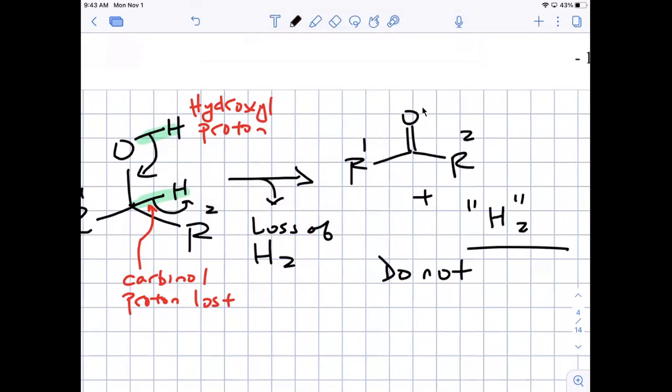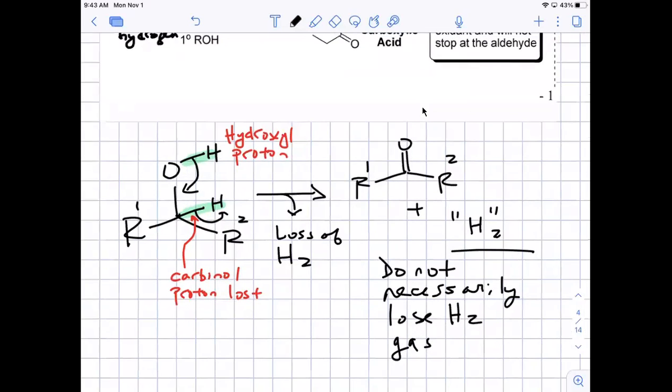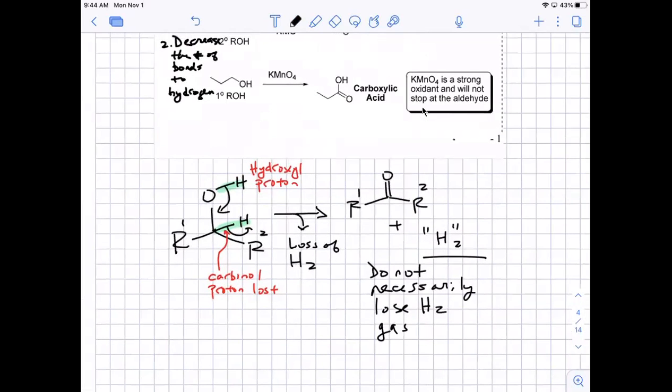So you don't necessarily lose H2, but it's just a way to think about it, because I need to put that pi bond between carbon and oxygen in order to have that oxidized.